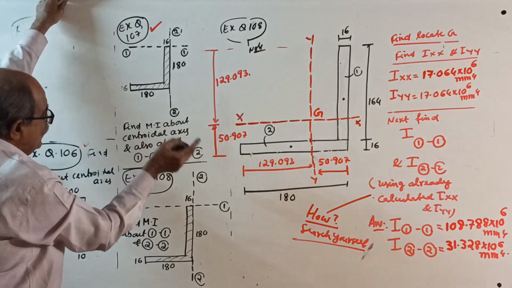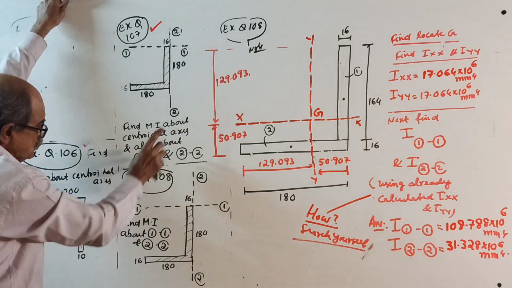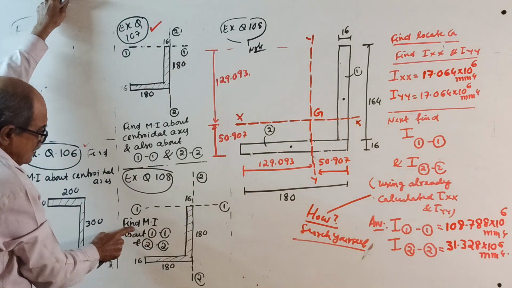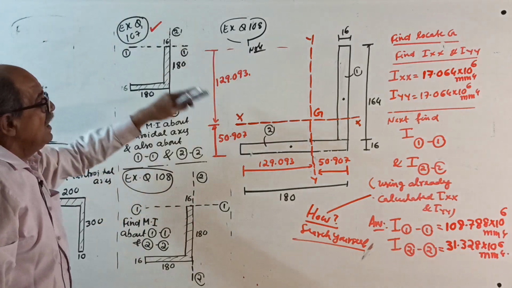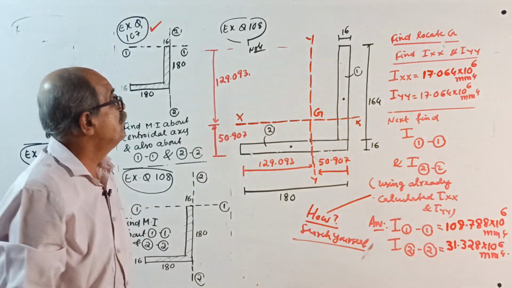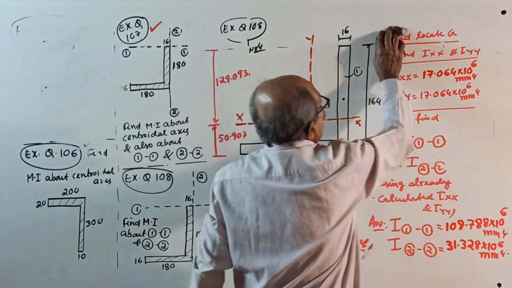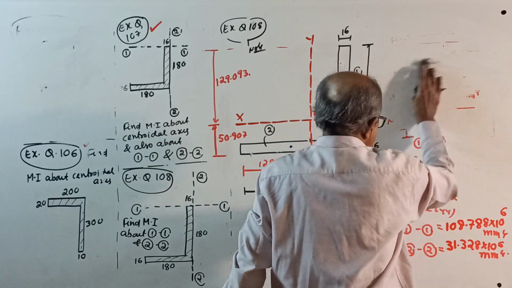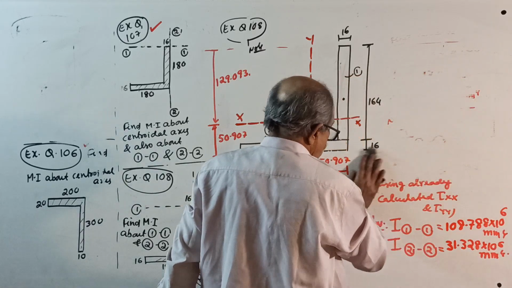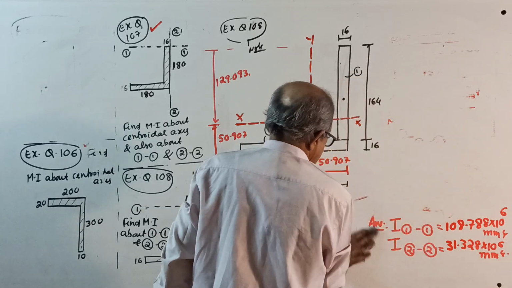Don't look at that one when you do question number 108. Here, they want moment of inertia about only 1, 1 and 2, 2. Ixx, Iyy not required. Therefore, in this question, no centroid location, no Ixx, Iyy, nothing. I will rub everything.